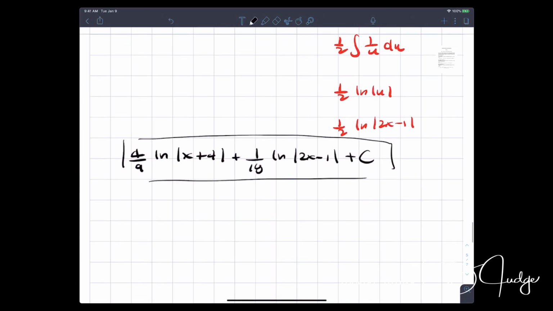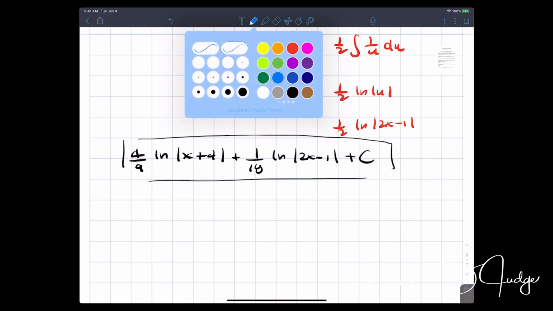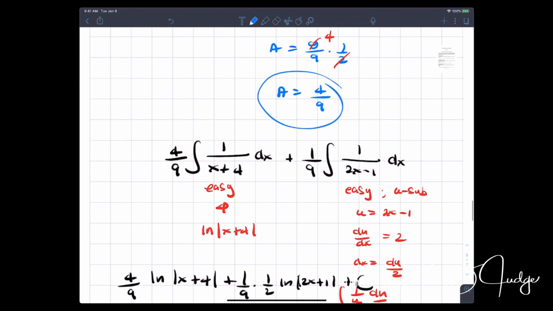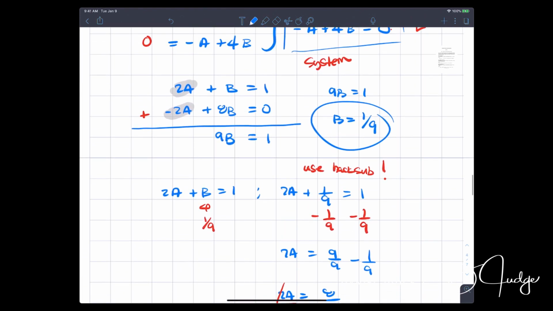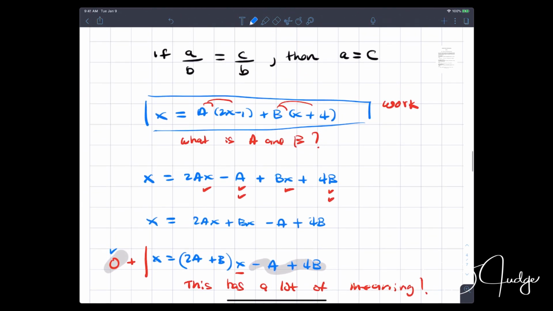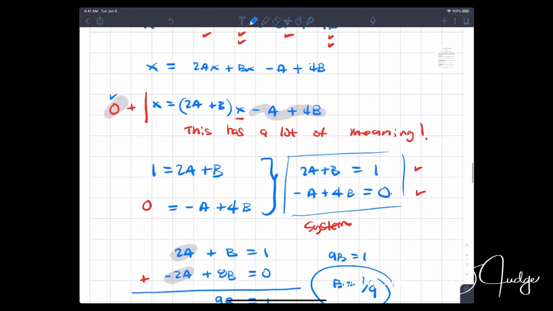Now I want to go back over here. I want you guys to recall where I said you had the most work. See this equation here where all the work is? There's another way of finding a and b, and I want to go over that.